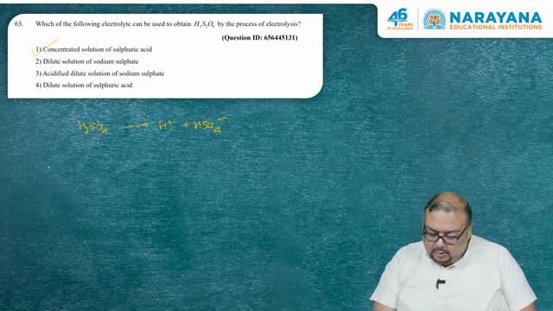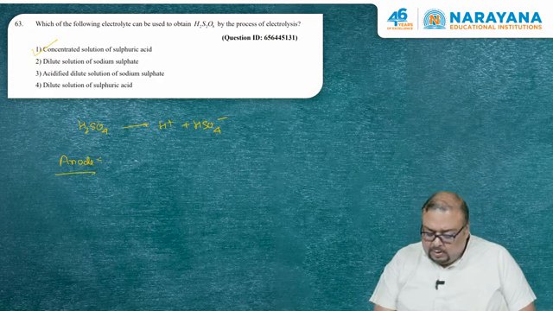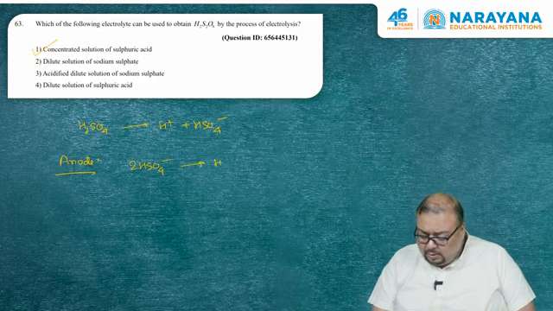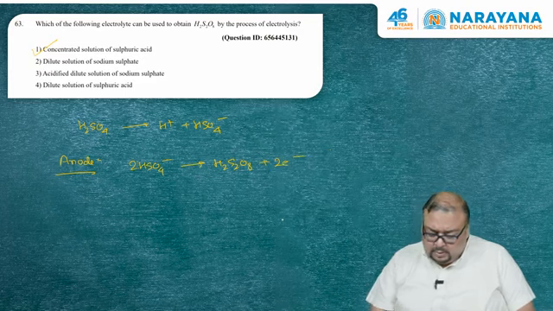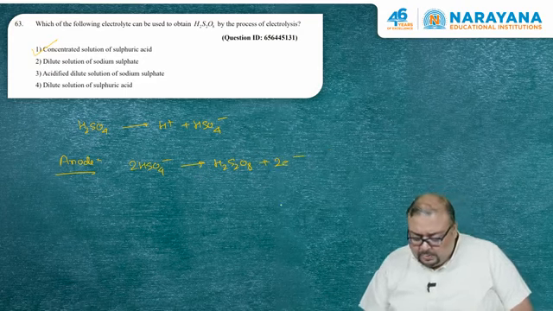And what will happen is that at the anode during electrolysis, 2HSO4- will lose 2 electrons to give H2S2O8 plus 2 electrons. So at the anode oxidation will take place.